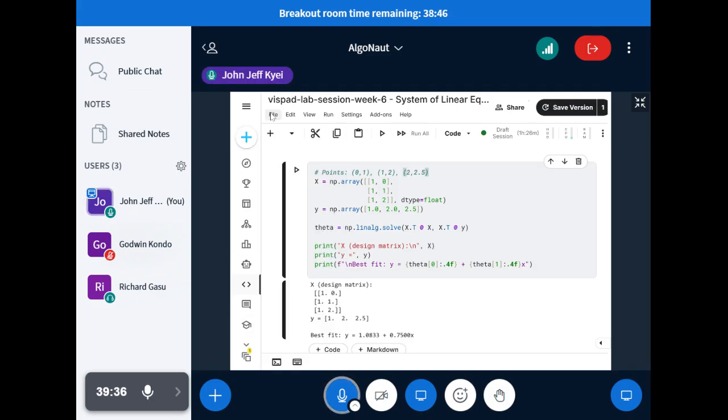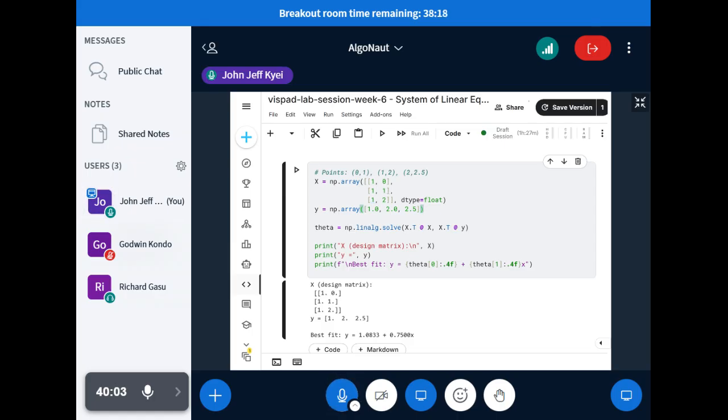So point A is 0, 1, point B is 1, 2, point C is 2, and 2.5, right? So we separate them into x and y components, where x is 1, 0, 1, 1, and 1, 2. Can anyone explain why x is looking like this?